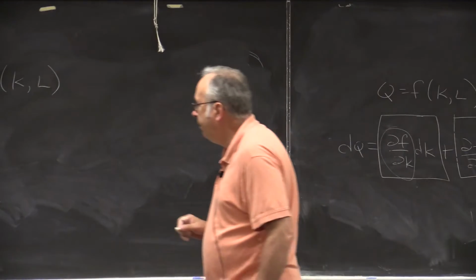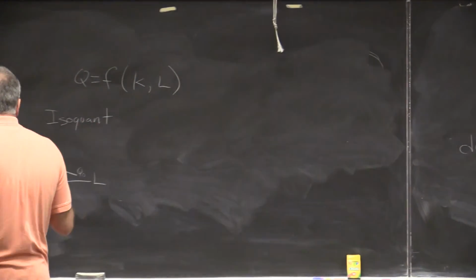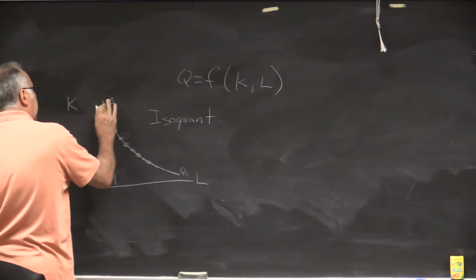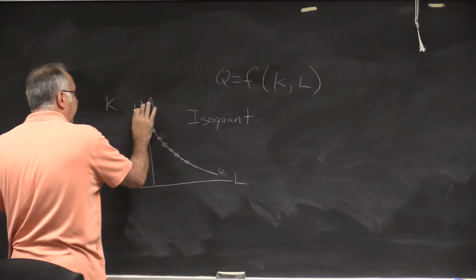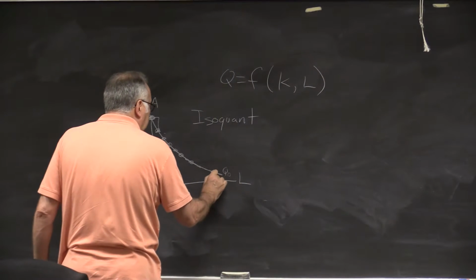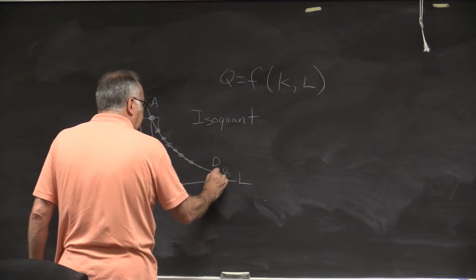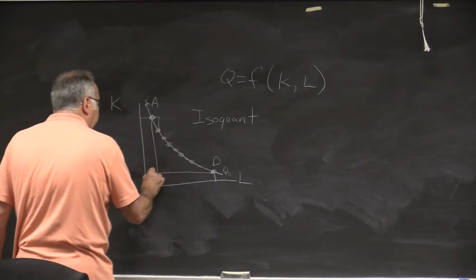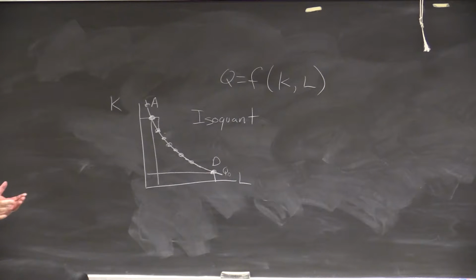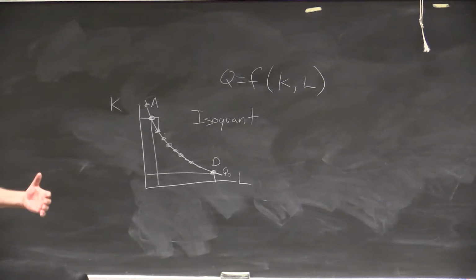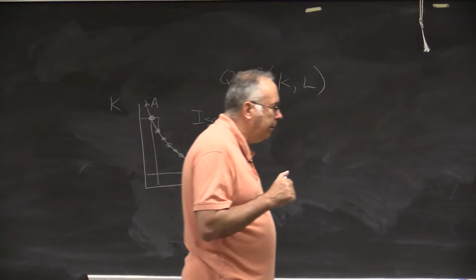If you're at a point up here, say point A, you're using a lot of capital and a little bit of labor. But if you're at a point here, point D, you're using a lot of labor and just a little bit of capital. So there are different combinations of labor and capital that will allow you to produce the same output. Different combinations of the two.